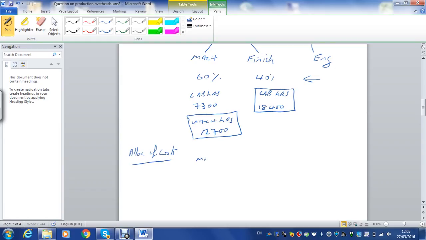We have machine, we have finishing, and we have engineering. The power is 74,210, and it's in the ratio of 56:26:85.